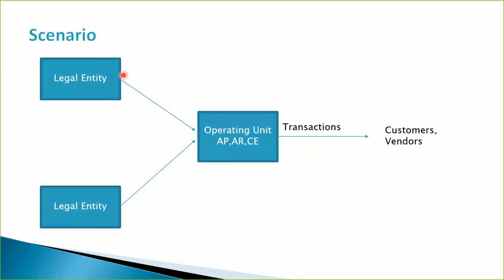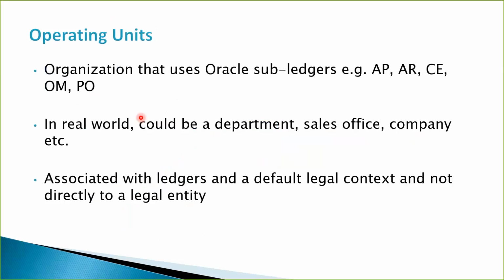So if we create one operating unit which will be used by both of them, then we'll assign it to the ledger, because these legal entities are also associated with that single ledger. So basically, that's why we can say that we associate operating units with the ledger and then a default legal context, and not directly to a legal entity.